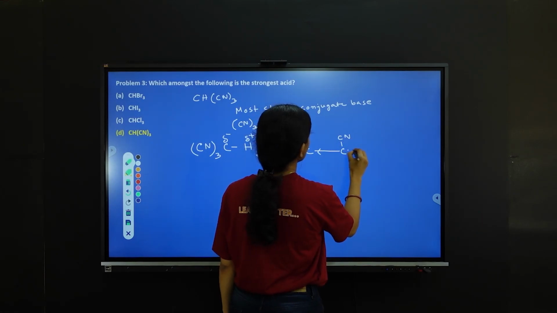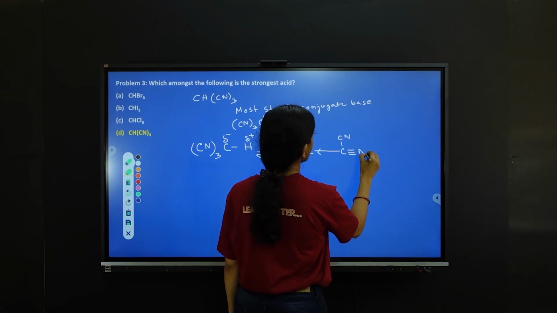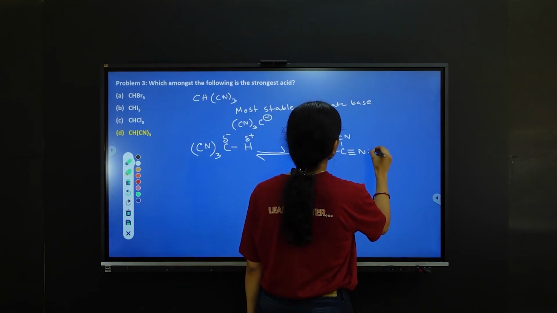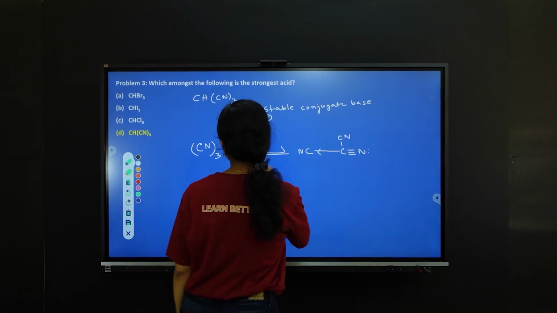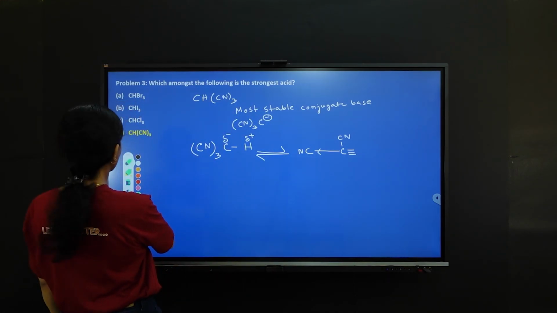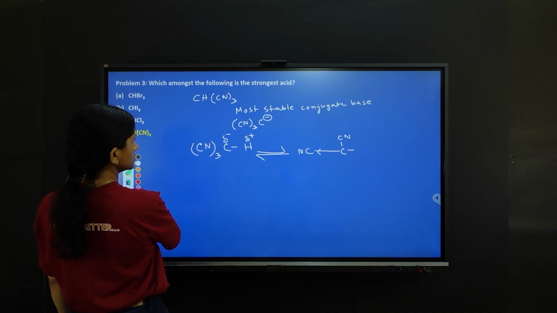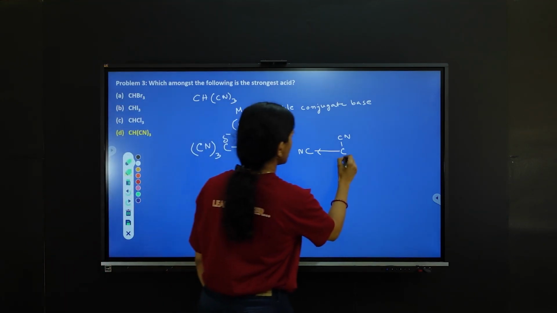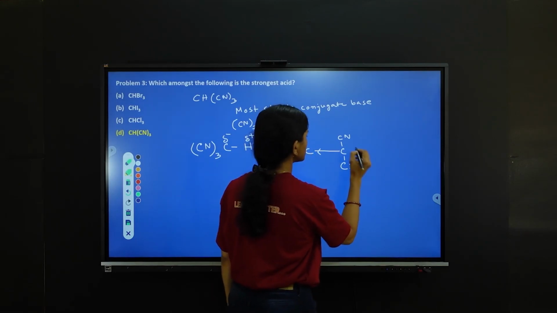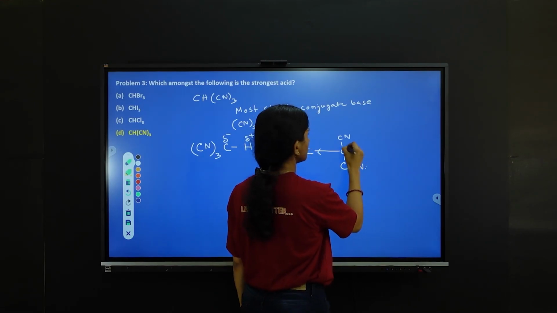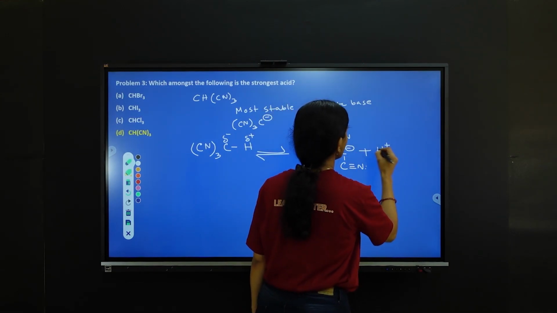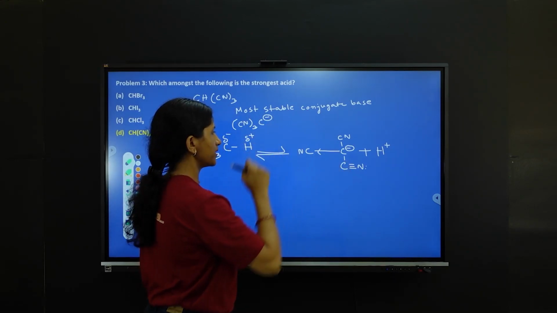CN, C triple bond N here, or it can be drawn in a different way, maybe in the bottom. Yeah, here. C triple bond N here, and carbon will have a minus charge here and it will break with H plus as well. So, this is our conjugate base.